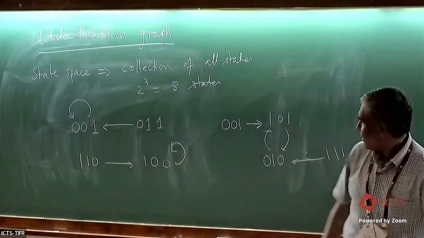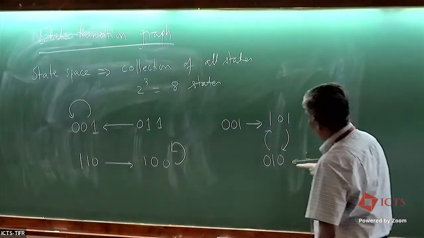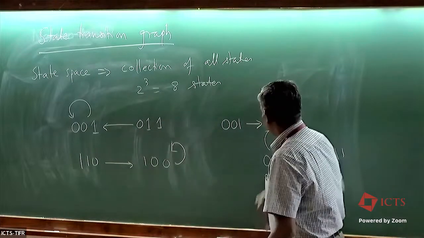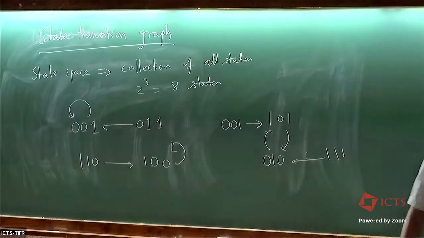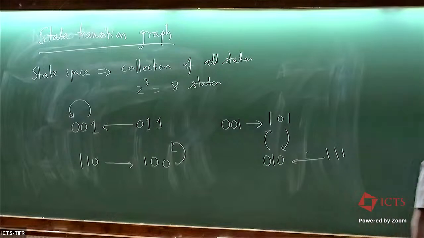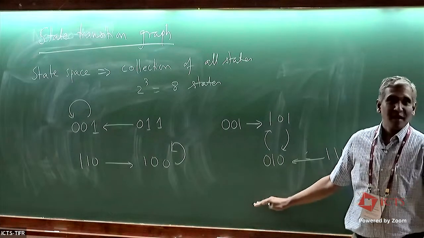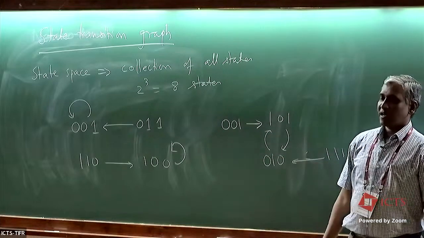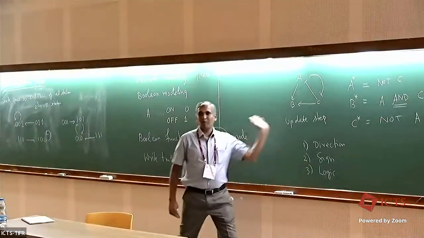So what you see here is we have 8 states, and every arrow is essentially capturing the state transition. Every arrow in the state transition graph is capturing one dynamic step. Which means that the entire dynamics of this network is captured in the state transition graph. So once I have the state transition graph, I can just forget about my original network completely.